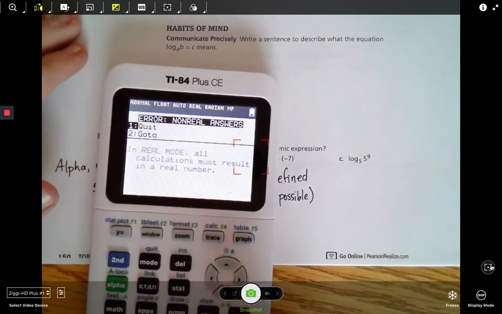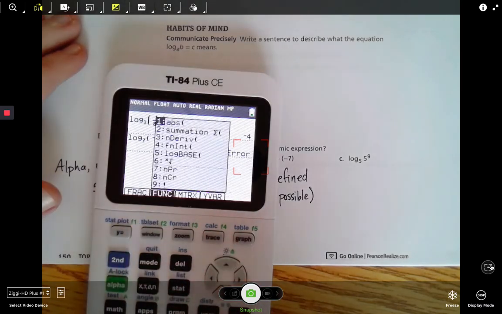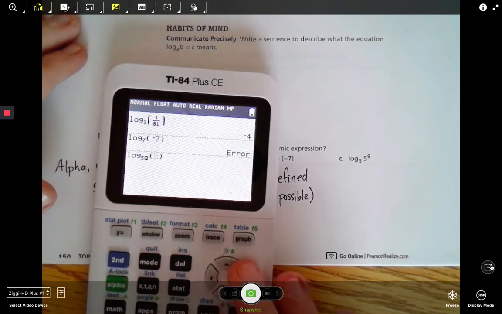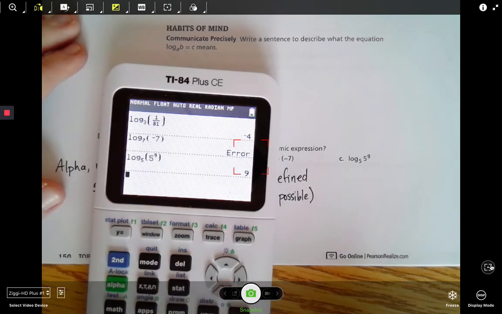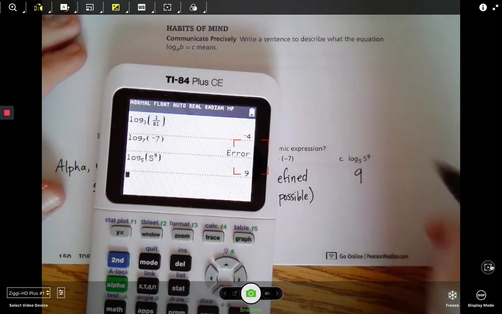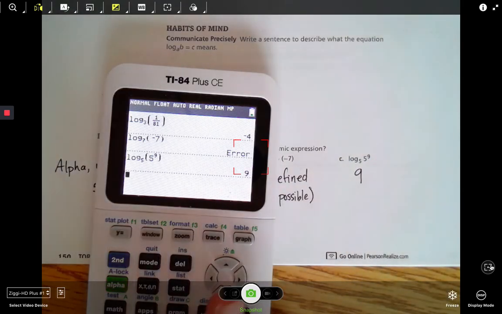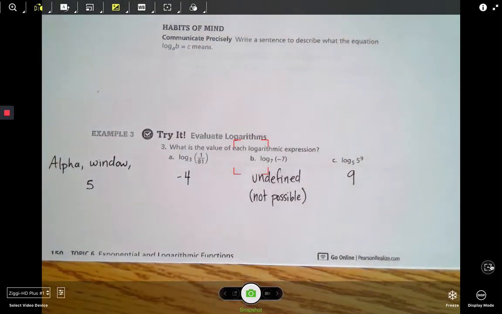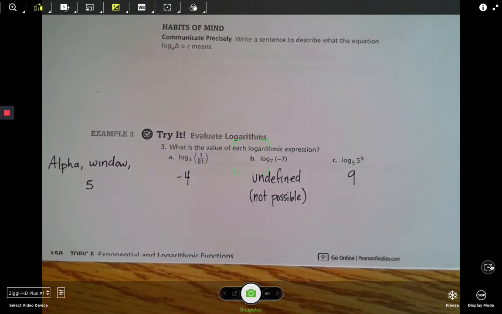All right, we're going to do the same for C. And it tells us our answer is 9. Is everybody okay on those 3? Pretty easy, right?